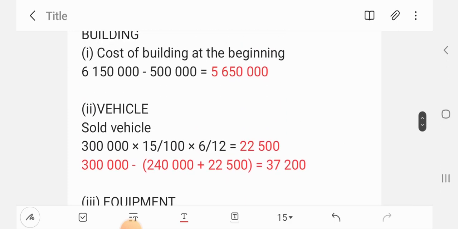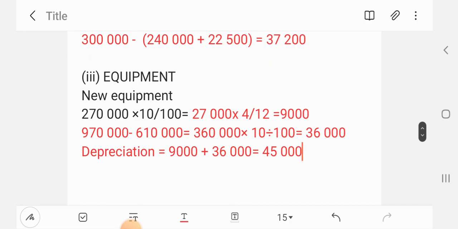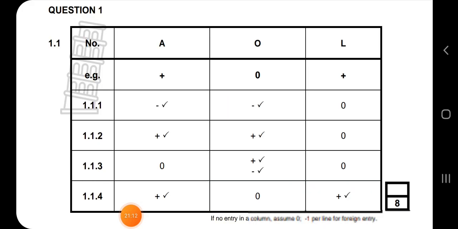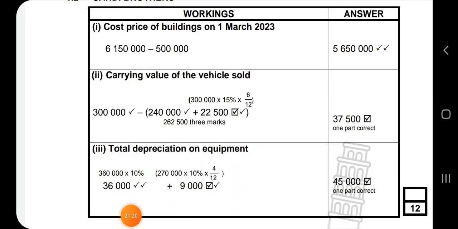So this is how these calculations are. So this is the answer. This is the memo. So here the memo of the accounting equation, and here is the memo for the question we just did.